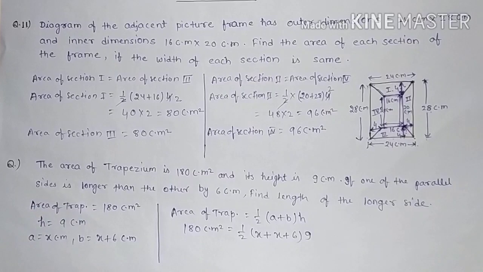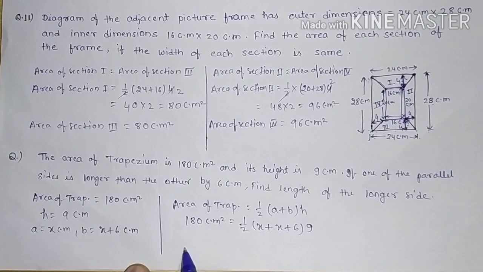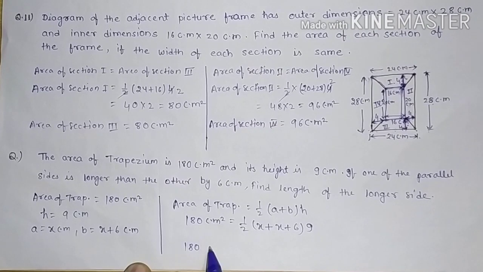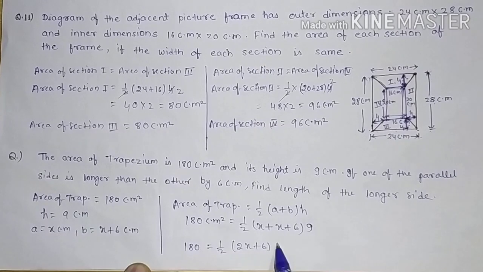Now simplify it. So it will be 180 equals half into x plus x plus 6, that is 2x plus 6, into 9.